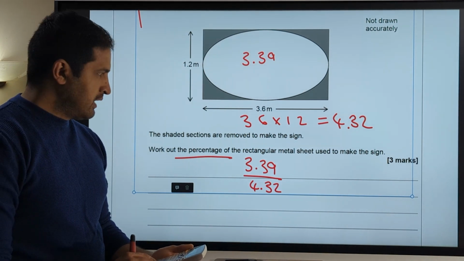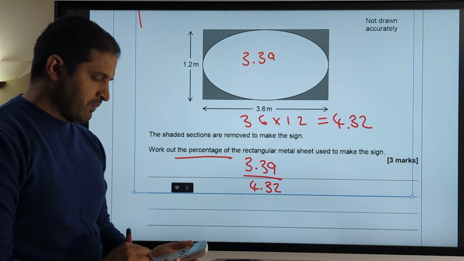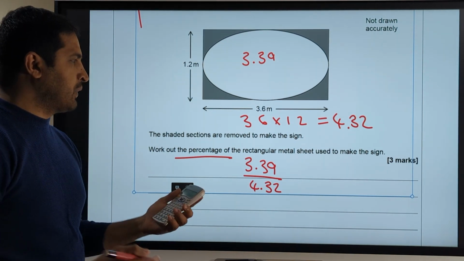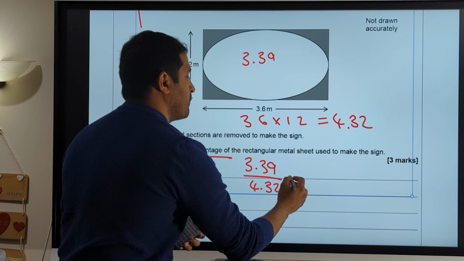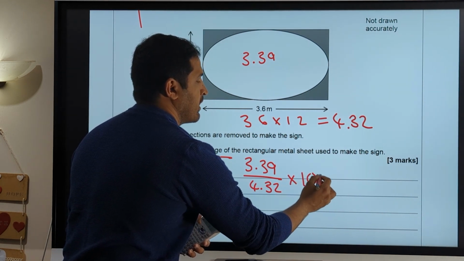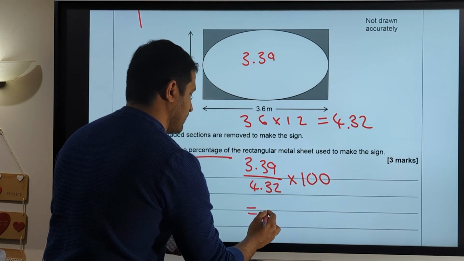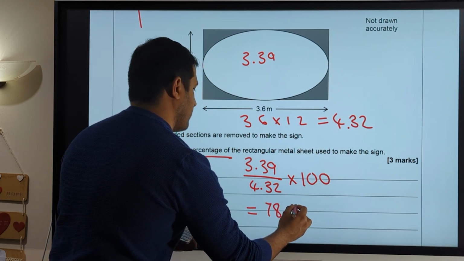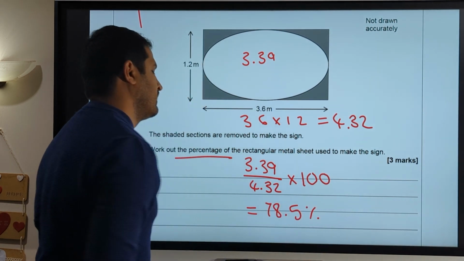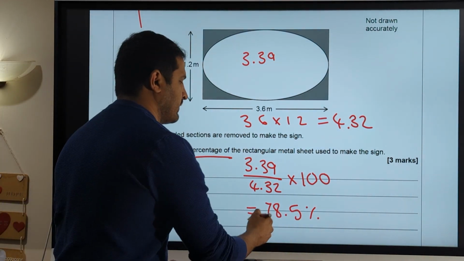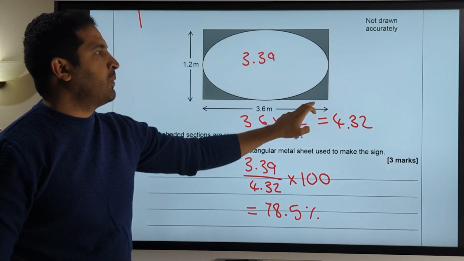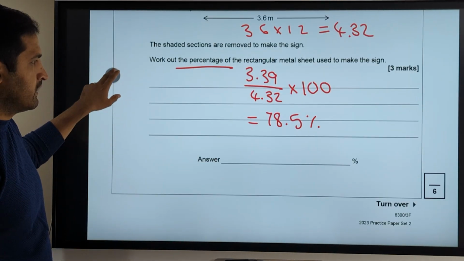So 3.39 divided by 4.32 gives you 0.785, and so on. And then if I want to work out the percentage, I always multiply by 100. And that gives me 78.5%, rounded to 1 decimal place. So that's the percentage of the metal being used. The rest, these corners, have gone to waste.